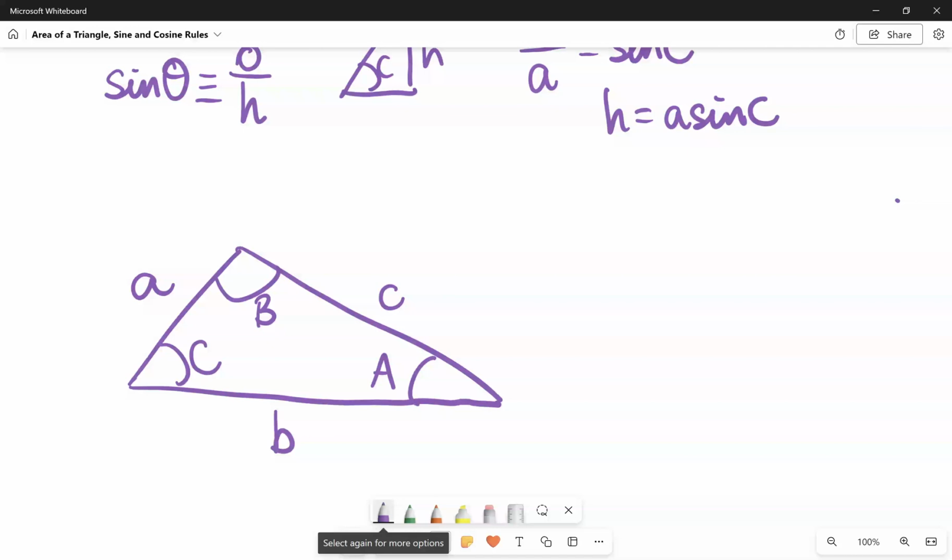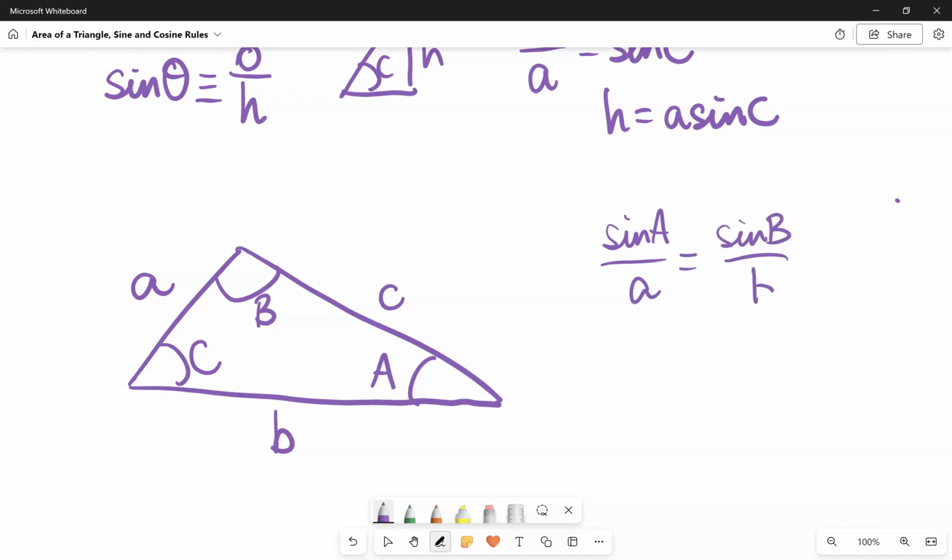As you know, the sine rule is that sine A over a equals sine B over b equals sine C over c. We can see that the area of the triangle can be a useful way to get this because it involves the sine of each angle and some lengths. It's not immediately obvious that this is the case, but we'll see how this pans out.